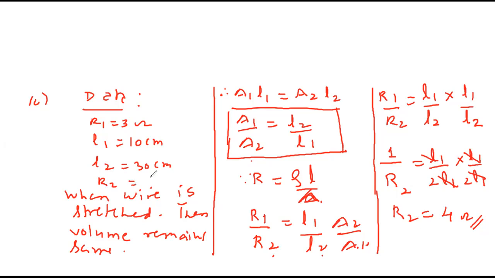What is the new resistance? When wire is stretched, volume remains constant. A1L1 is A2L2. We got this much. We can substitute, last line without putting the values. This is 3 times L1. Or you can actually put the values also.